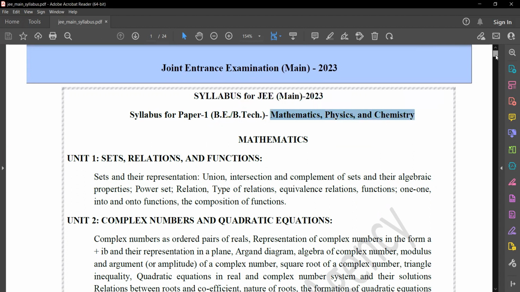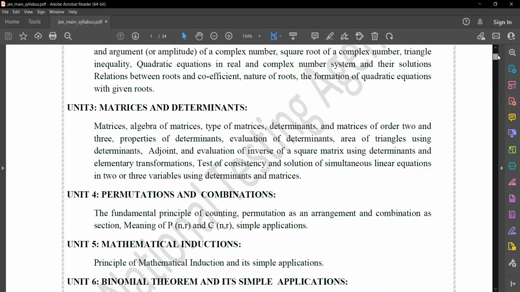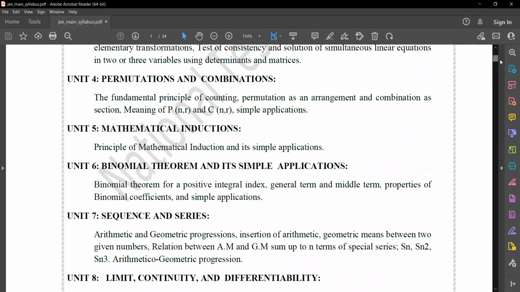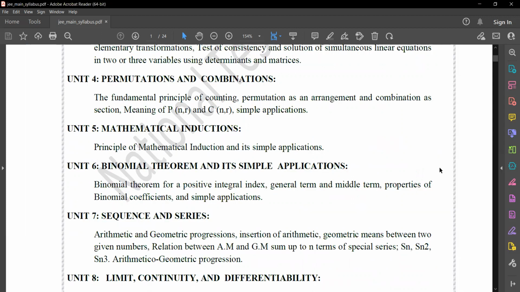So this is the mathematics syllabus: set, relation, function, complex numbers, quadratic equation, permutation and combination, mathematical induction, binomial theorem and its simple application, sequence and series.